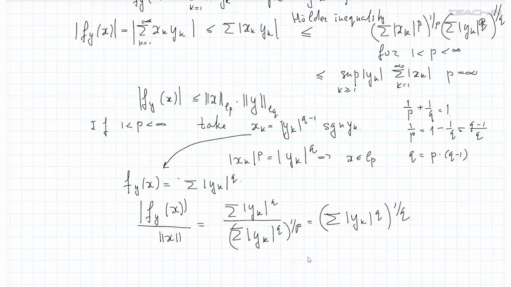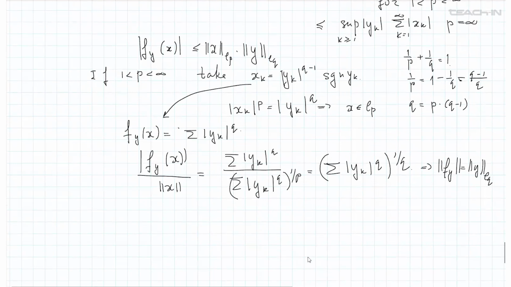So for arbitrary x, we obtain the inequality, and we just construct the x for which we have equality. So by this, we obtain that the norm of this functional is just the same value as the norm of sequence y in Lq.